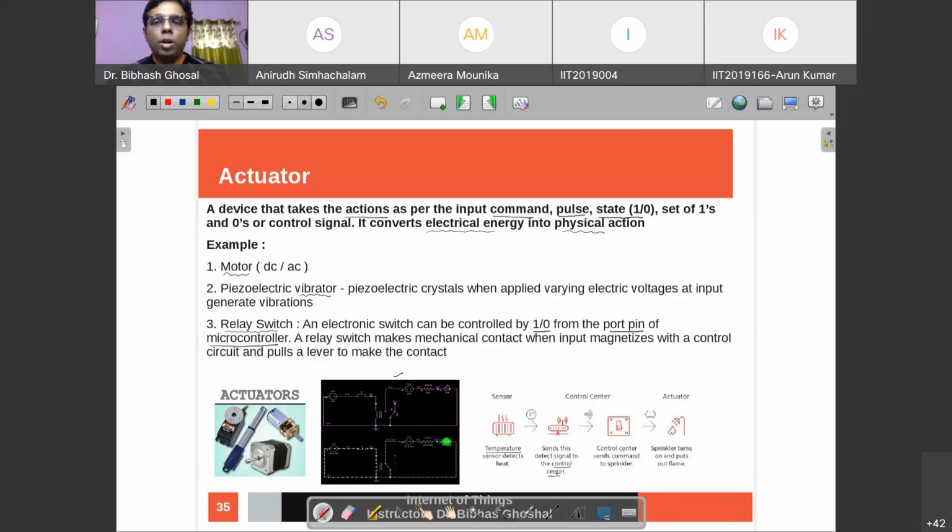That control center can be local, or you can have a direct sensor node, or you can have some kind of a server where the data is logged, and the center sends it to a controller of a sprinkler, and the sprinkler is again a motor. When it is rotated, the water falls. When you turn on the relay switch, the water falls. When you turn off, the tap is closed, or the sprinkler is closed. So you can think of building systems in this way.